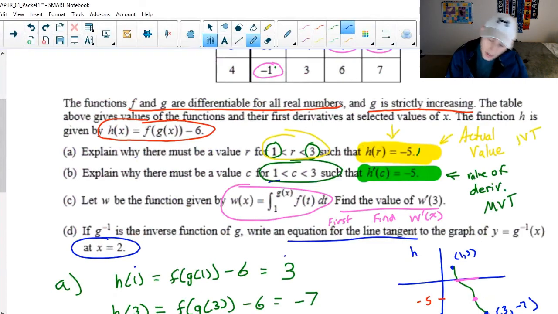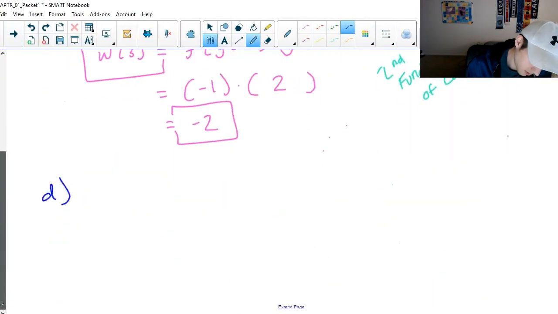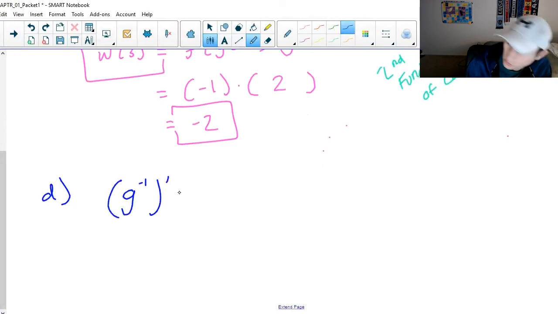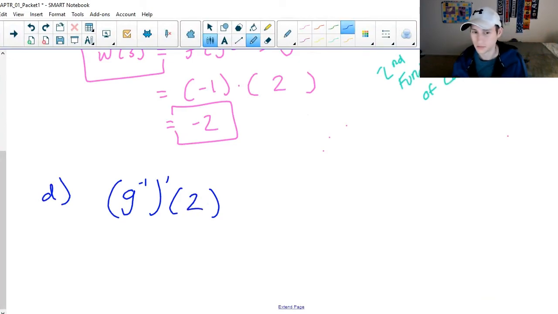So I need the derivative of g inverse at where? Where does it ask us to find the tangent line? It says at x equals 2. So this is the derivative of the inverse at 2.